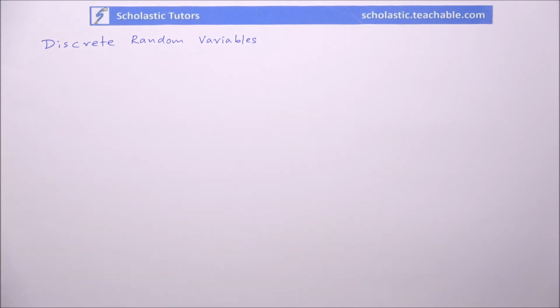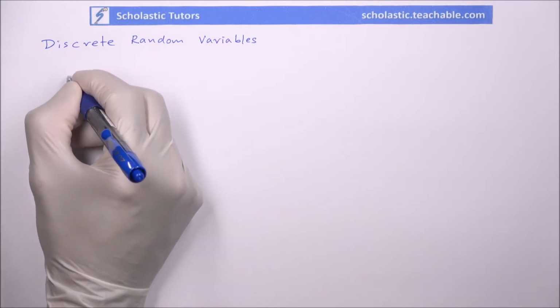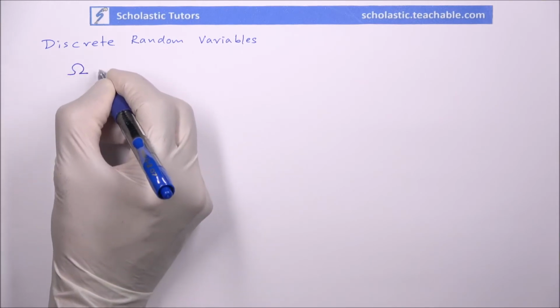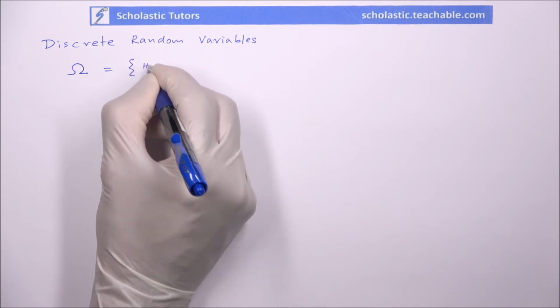If you toss them, what we can get is a sample space, let's say it's omega, which can consist of either all heads.